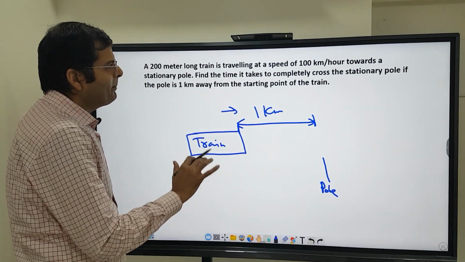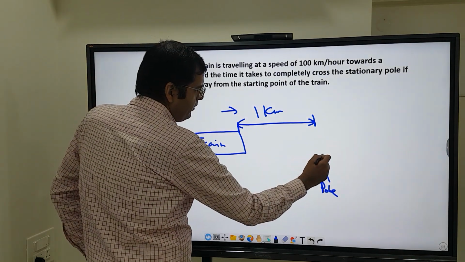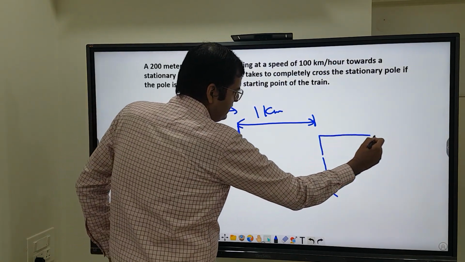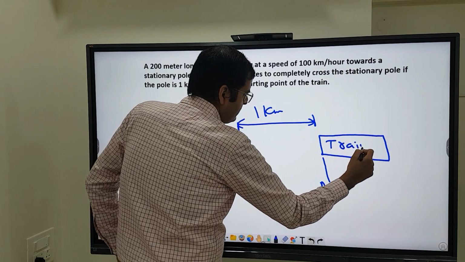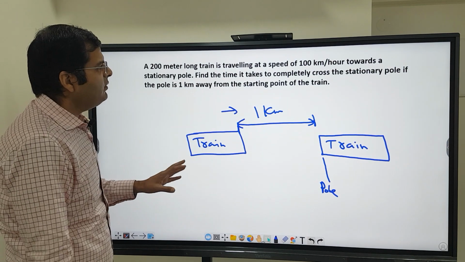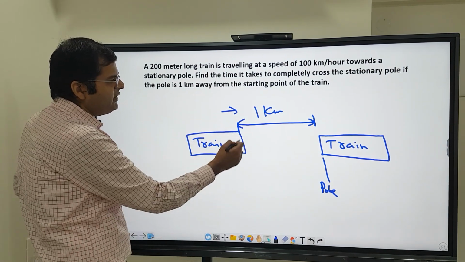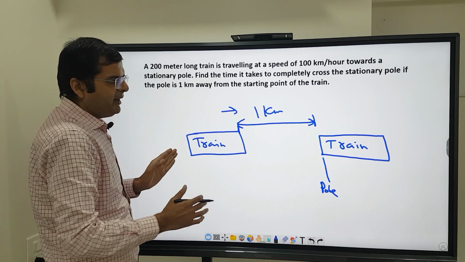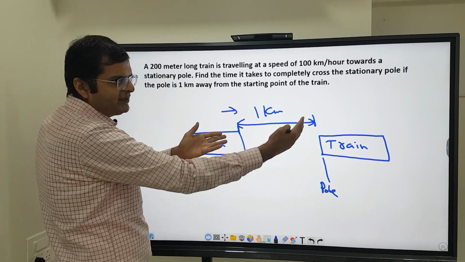Now the train has to completely cross the stationary pole. So when the train crosses the stationary pole completely, the train should be like this. If you look at it, any part of the train covers an equal distance because the train moves as a unit.